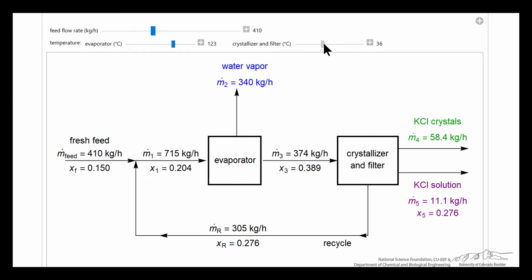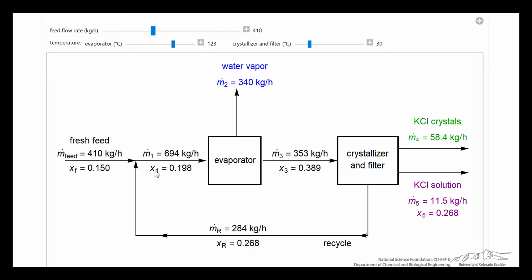And if we lower the crystallizer and filter temperature, then you can see we lower the solubility, which appears here and here. So let's look at that again. If we lower the temperature, we lower the solubility, and we also lower this recycle flow rate.